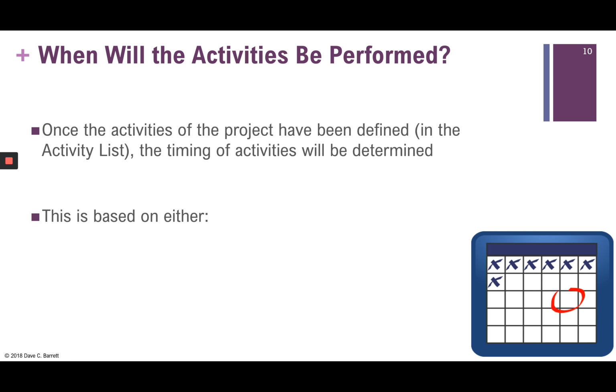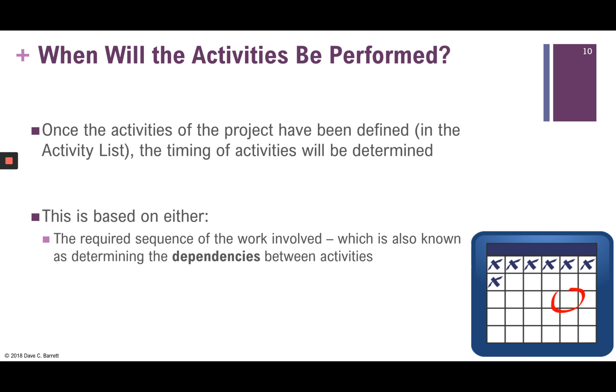So when determining the timing of activities, we need to think about the required sequence of the work involved, and there's oftentimes a sequence when you do work, that you have to do this before you can do that. That's called a dependency, that you need to, first prepare, then perform, as an example.